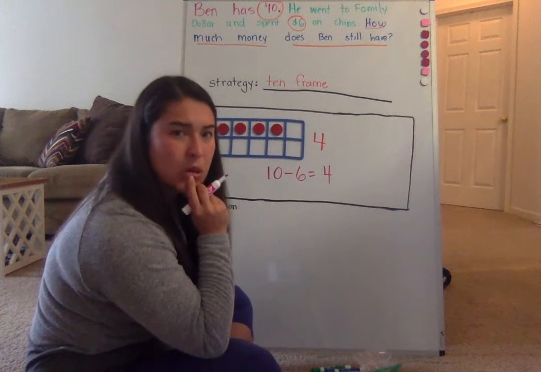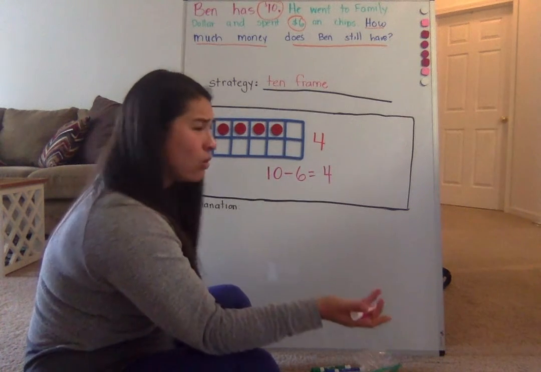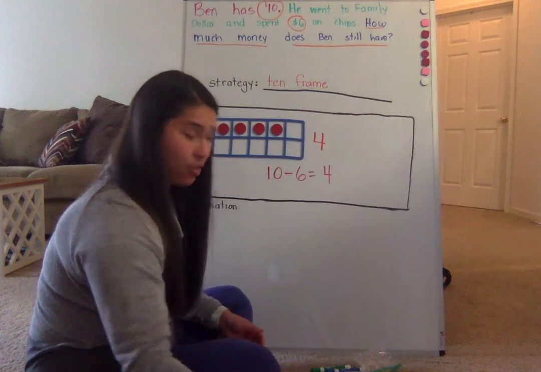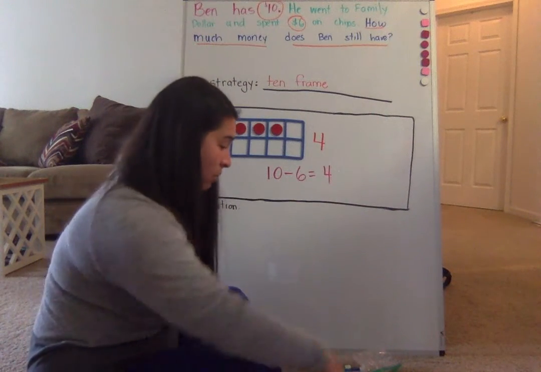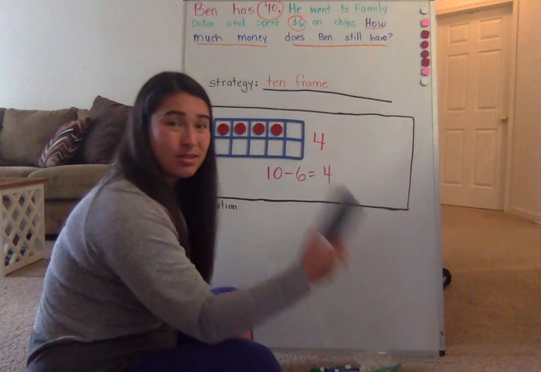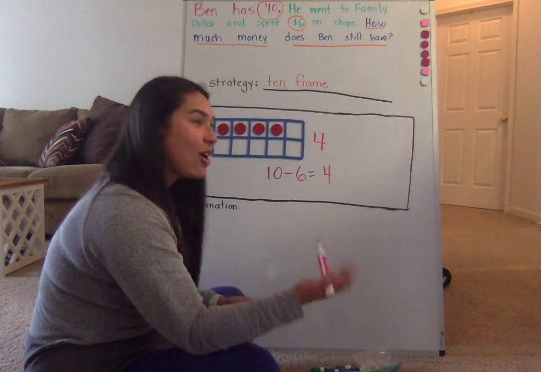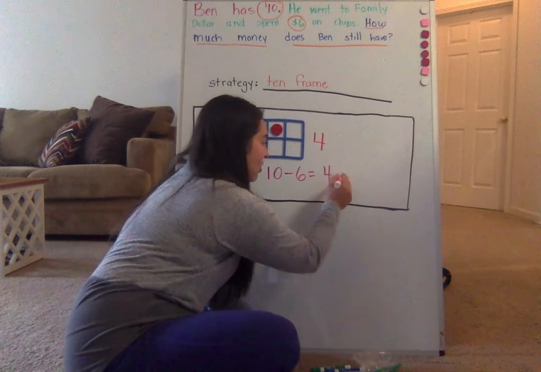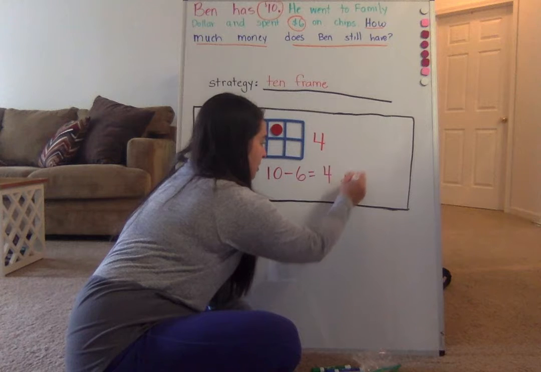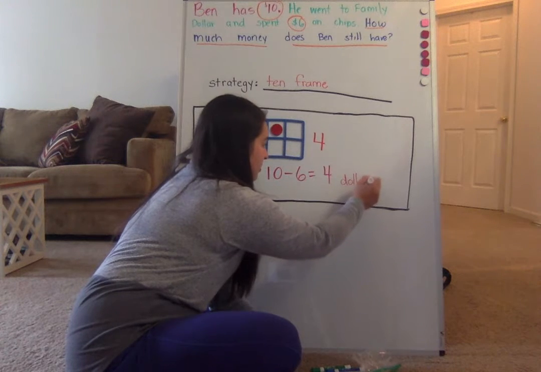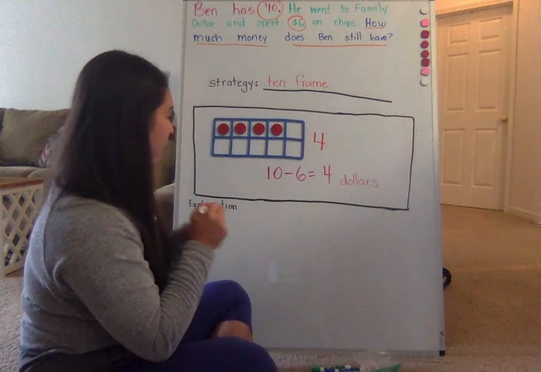But we need to label our answer because it's for what? For phones? For erasers? For what? $4. So I'm going to go ahead and write $4. Ben still had $4.